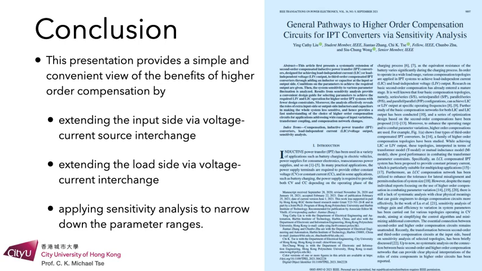Of course, the use of sensitivity analysis will be very useful, comparing and confirming the advantages of extension to third order circuit. And the results and the idea presented in this presentation are actually published in a paper in the IEEE Transactions on Power Electronics in the coming September.